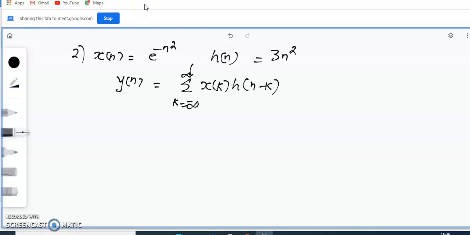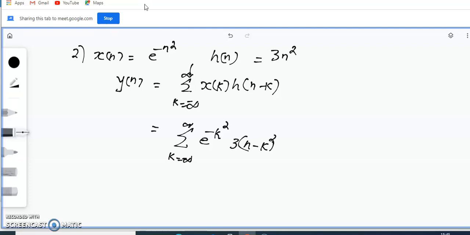So I am going to substitute now. Instead of x of n, I will substitute x of k there, so give k in place of n. So it is sigma k is equal to minus infinity to infinity e raised to minus k square, and instead of n in 3n square, it will be n minus k: 3 into n minus k the whole square.